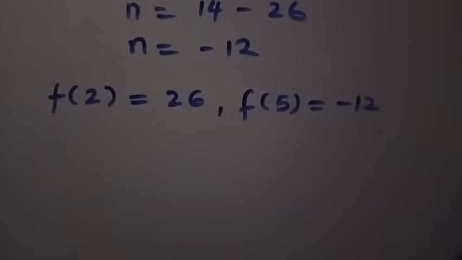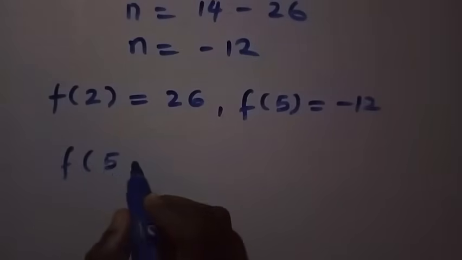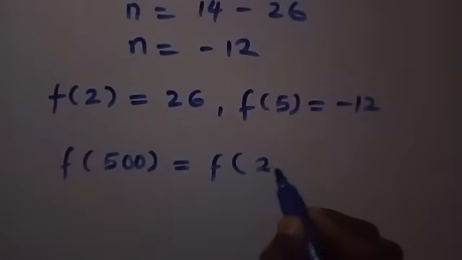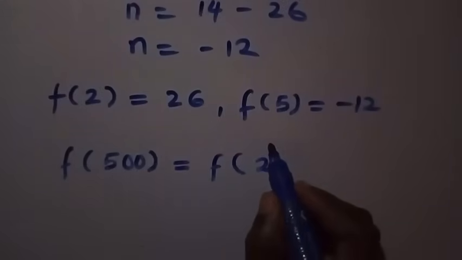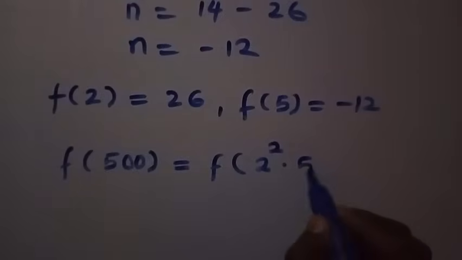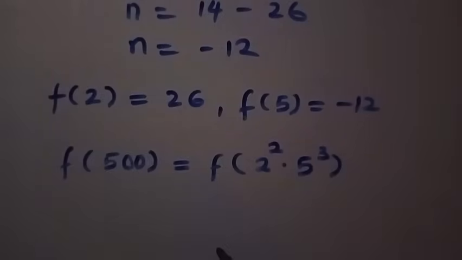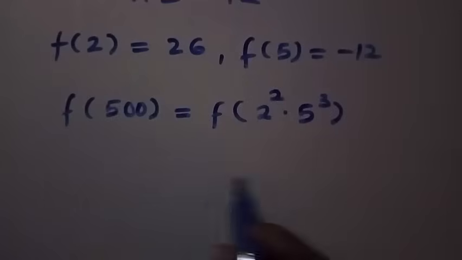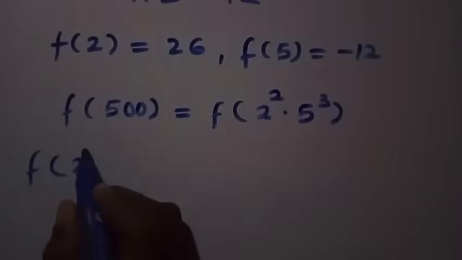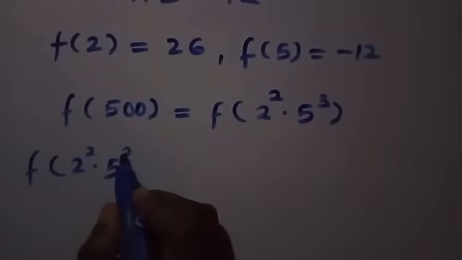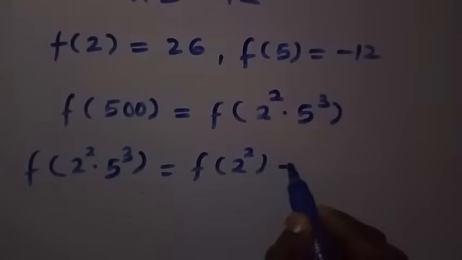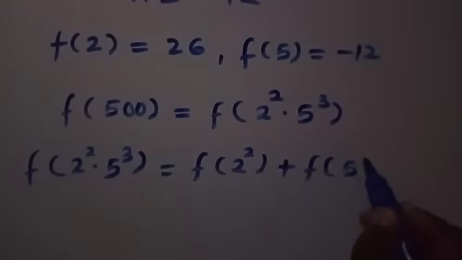Therefore, to get f of 500, since we have 500 to be equal to 2 to the power of 2 multiplied by 5 to the power of 3, using the same formula, we have f of 2 to the power 2 times 5 raised to the power of 3 equals f of 2 to the power of 2 plus f of 5 to the power of 3.